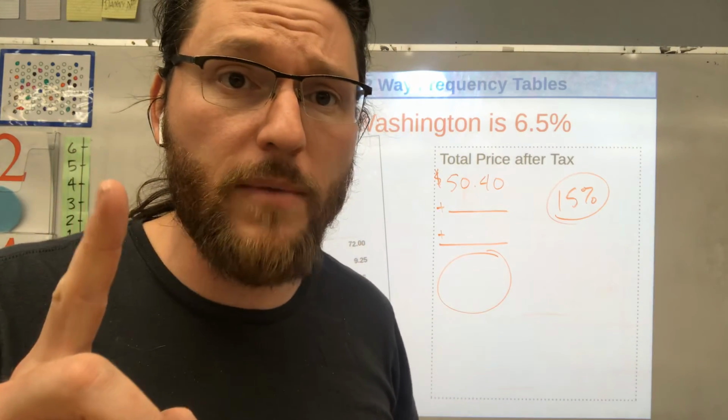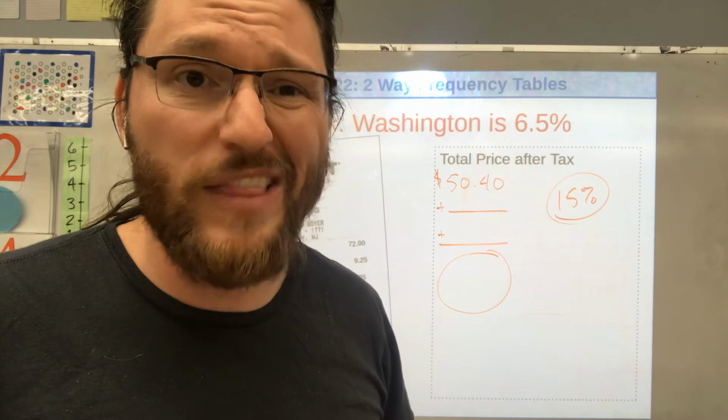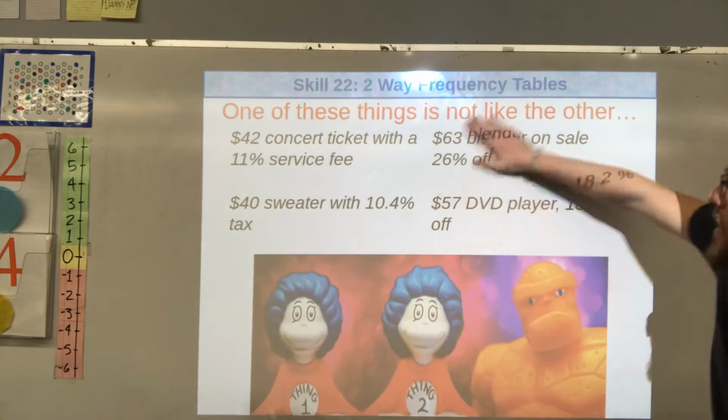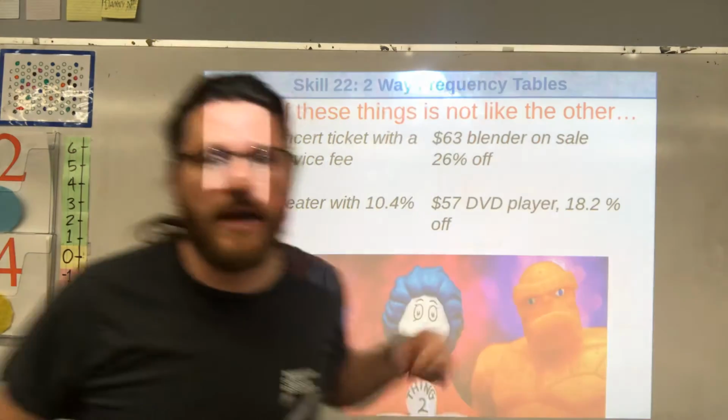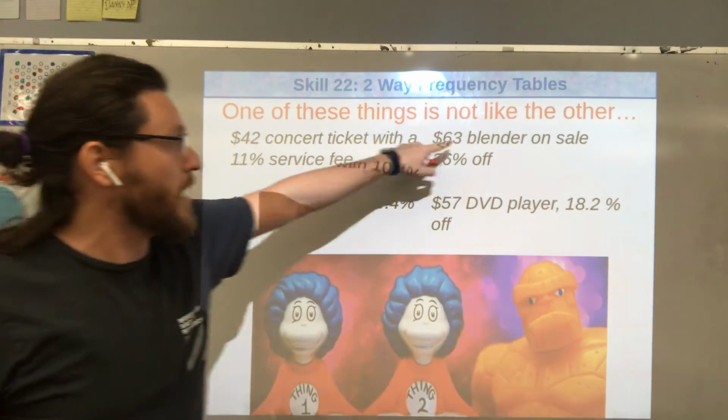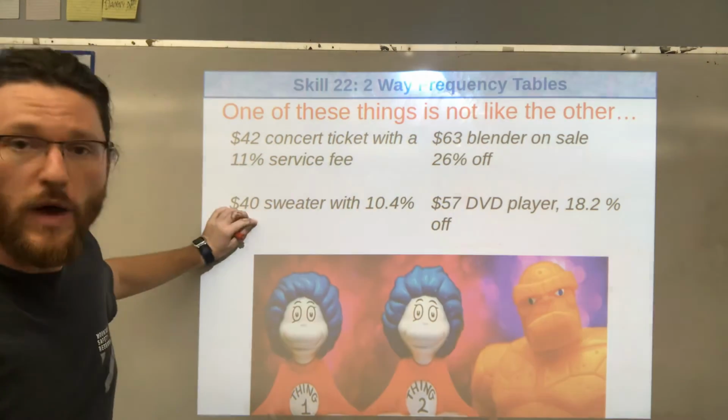There's one more video coming up that's going to explain one last little piece. And actually, I'll just throw it on here. You will find this after here. It's one of these things, it's not like the other. There are 4 problems: a concert ticket, a blender, a DVD player, and a sweater.